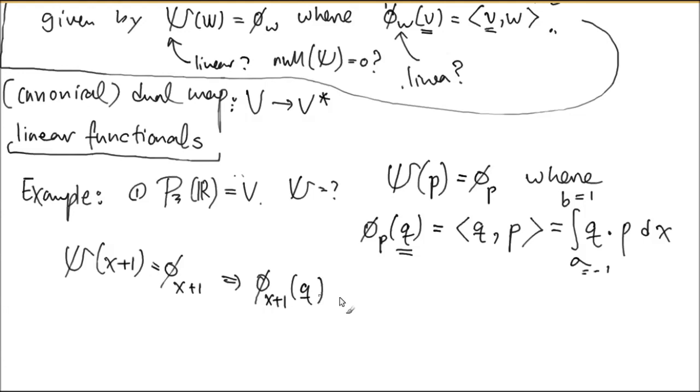This linear transformation sends it to a number. What is that? The inner product from negative 1 to 1 of q first, right? Here it really doesn't matter because it's real, but if it's complex, the conjugate matters. Integral of q times x plus 1 dx. All right, that's the map psi. If you have a vector, send it to a linear transformation. How are we going to actually evaluate the linear transformation? We use the inner product. The inner product gives you a number, a scalar, right? So that's the thing.